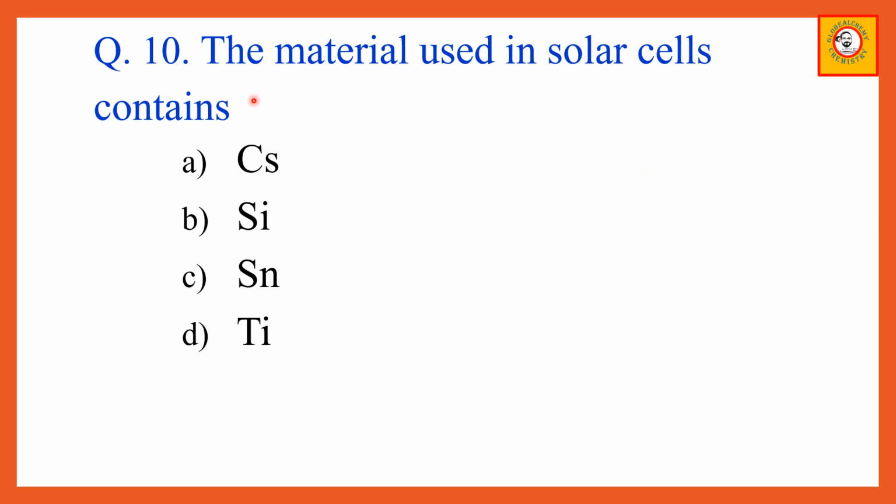Question 10. The material used in solar cells contains. The answer is silicon. It is the most common semiconductor. It is also non-toxic, cost-effective, and silicon is the most abundant material after oxygen in the earth's crust.